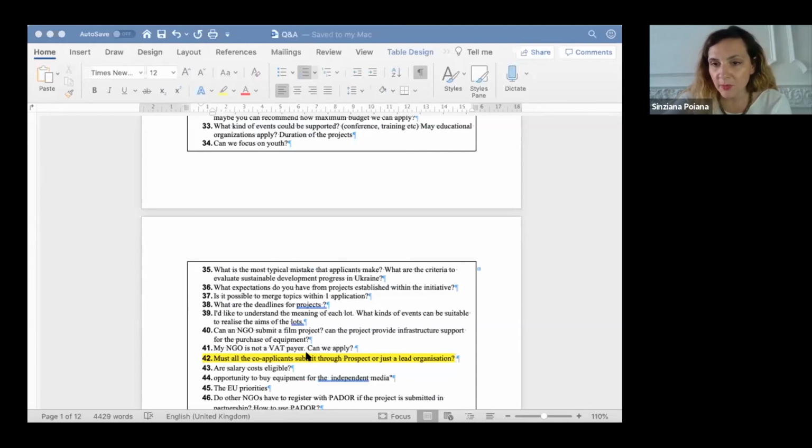You have this functional mailbox that I put in the chat box as well, the Delegation Ukraine Civil Society, reference the call in the subject line, and we aim to publish clarifications on a rolling basis every 2-3 weeks. From our point of view, you should be getting them in time.